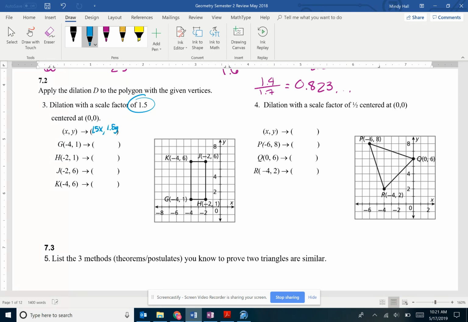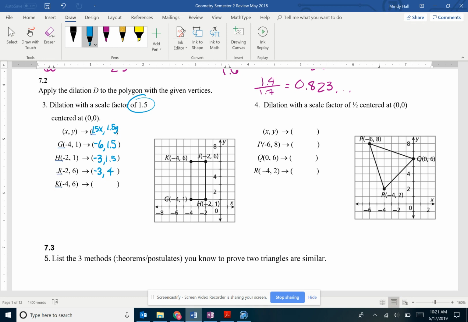I know I don't have that much space, so forgive me for writing ugly. 4 times 1.5 is 6, so this would give us negative 6, 1.5, because again, we're just multiplying. 2 times 1.5 would give me 3, so that would be negative 3, 1.5.